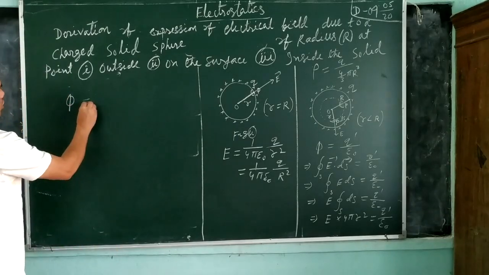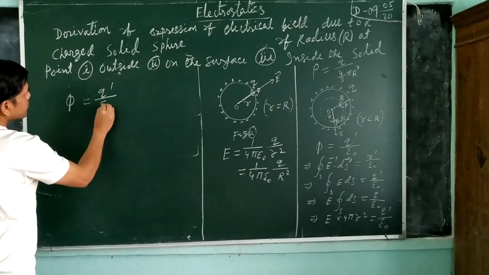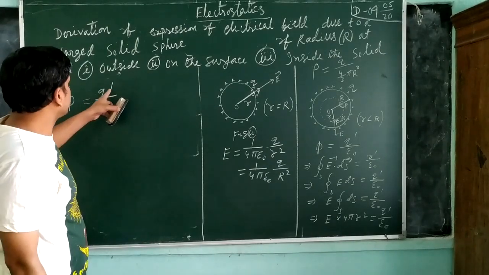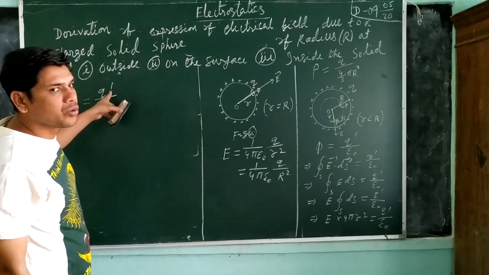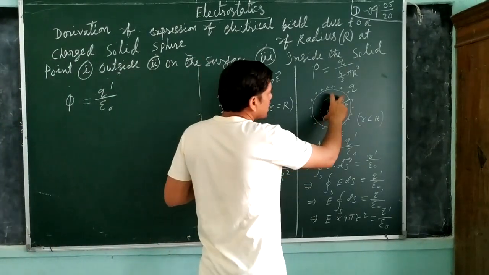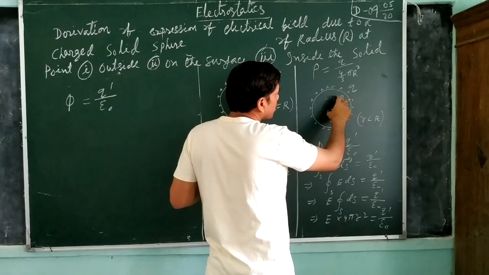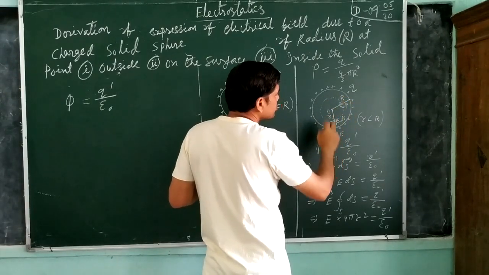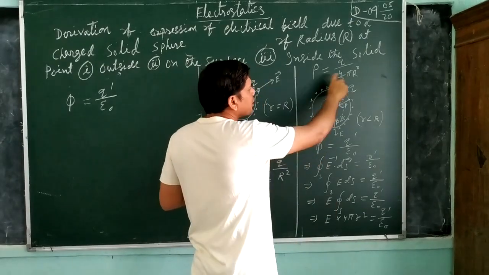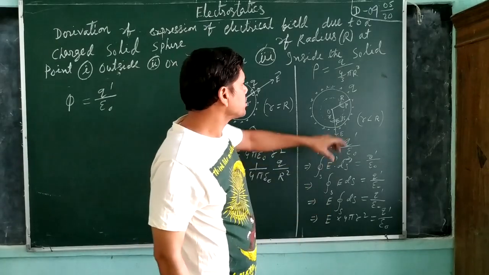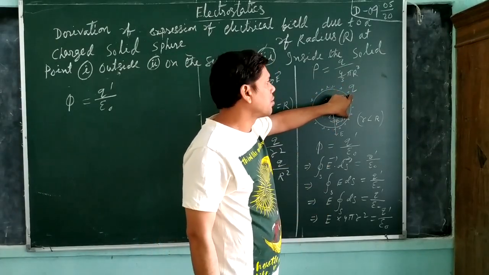So phi equals q dash by epsilon naught. This is the main thing: just remember it is not q, it is q dash. What is q dash? Q dash is the charge enclosed by the solid sphere whose radius is small r, and the charge enclosed by the solid sphere whose radius is capital R is plus Q.